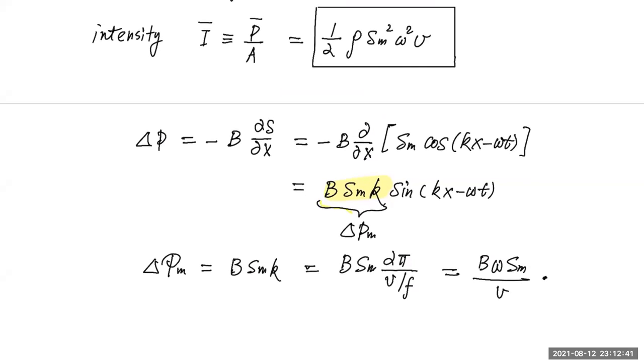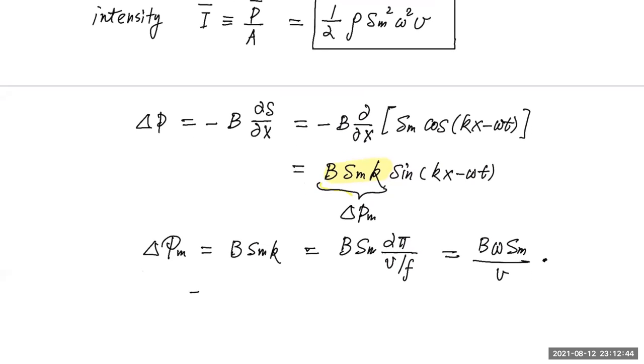In this case, you can rewrite the average intensity as a function of delta P maximum instead of S maximum, using this expression to replace S maximum with delta P maximum. So let's do that. It is equal to 1/2 rho omega squared V, times S maximum squared, but S maximum itself is equal to V delta P maximum over B omega, and you square that.